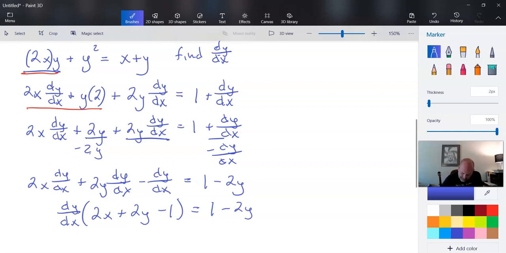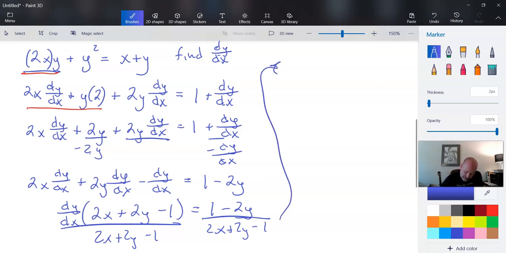And then from here, we can just divide this term over. 2x plus 2y minus 1, 2x plus 2y minus 1. And if we just go ahead and put it all together now, I get dy dx is equal to 1 minus 2y over 2x plus 2y plus 1.